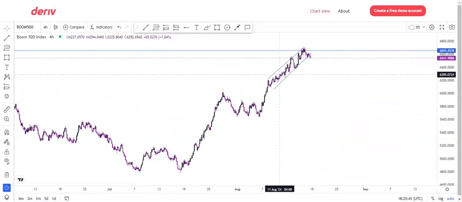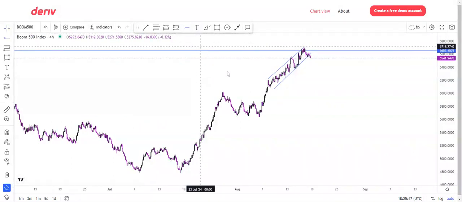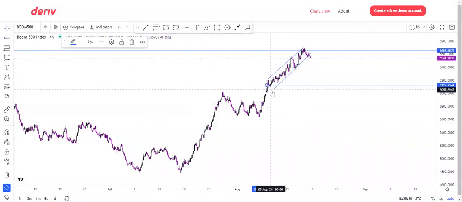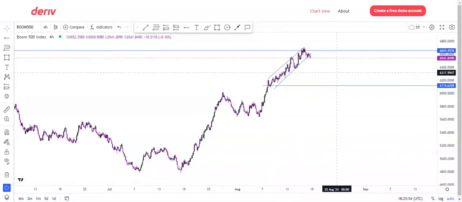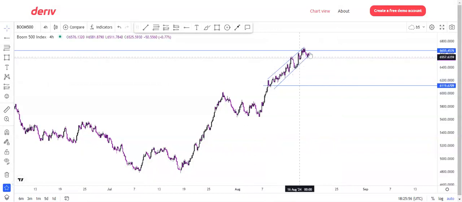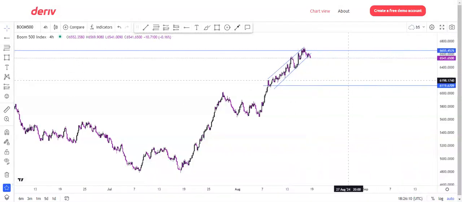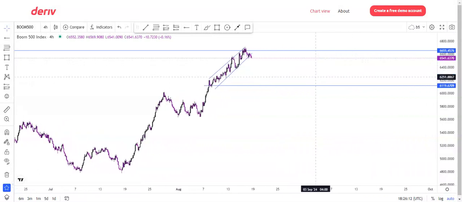Those are some nice sells, and we can actually look for sells up to the beginning of that pattern. It's called the 90% rule. So you can look for some nice sells this week on Boom 500.